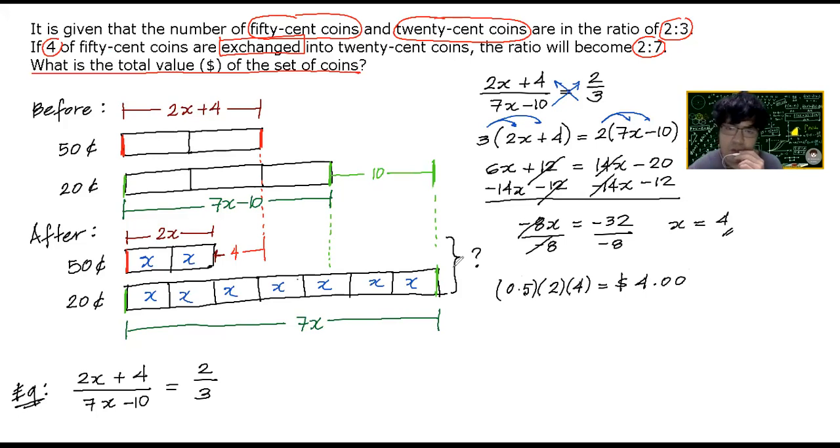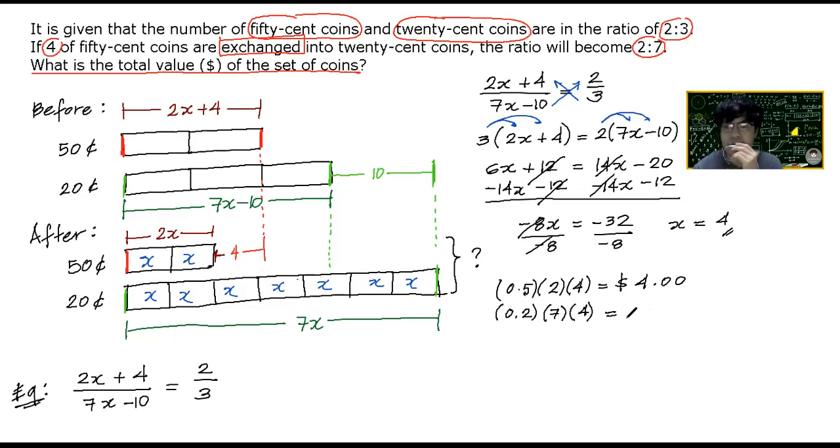Now, how about for the other one? For the other one, this will become 0.2 multiplying 7x. So our x is 4.